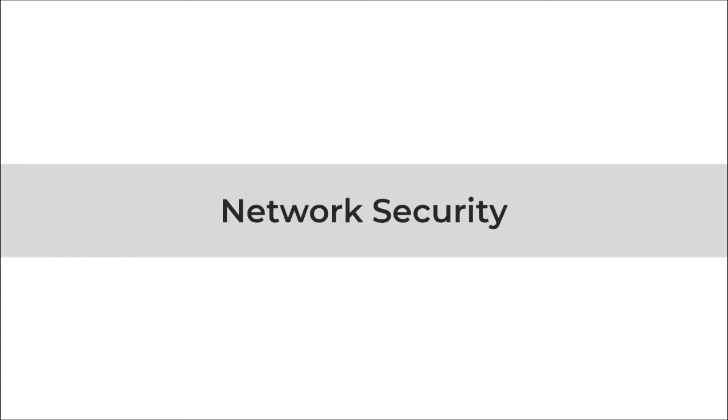So first, to start with, we will talk about what network security is all about. Network security can be a program or set of rules to protect the confidentiality or the integrity of the data and configurations in an enterprise network. This is a simple definition of network security.